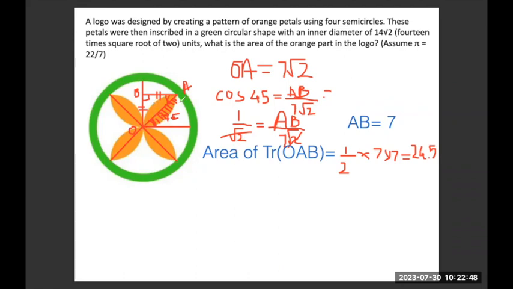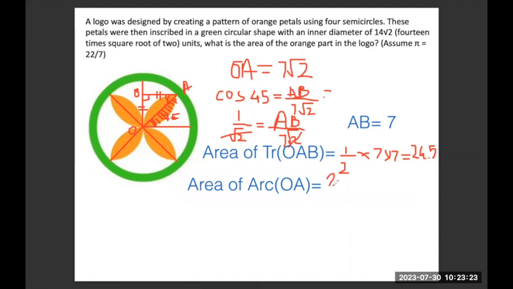Now I need to find the area of that sector. I think that's what it's called. So the area of the arc OA will be, so I'm just going to write arc here. Area of arc OA is equal to pi r square theta upon 360.